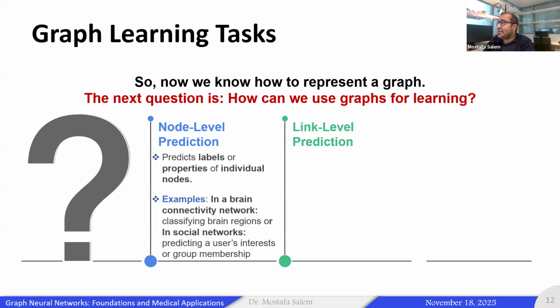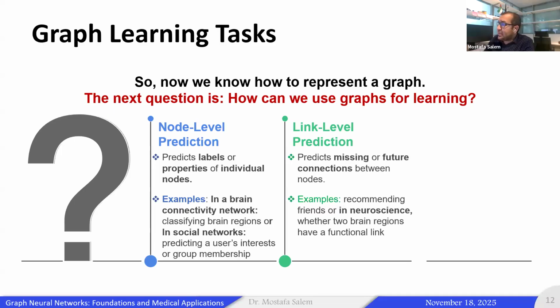The second one is link level prediction, where I will predict a missing or future connection between nodes. If I'm working with social networks, I have 2 nodes, which are two persons. I want to predict whether in the future these 2 persons should be connected. This is what Facebook does to suggest friends to you.